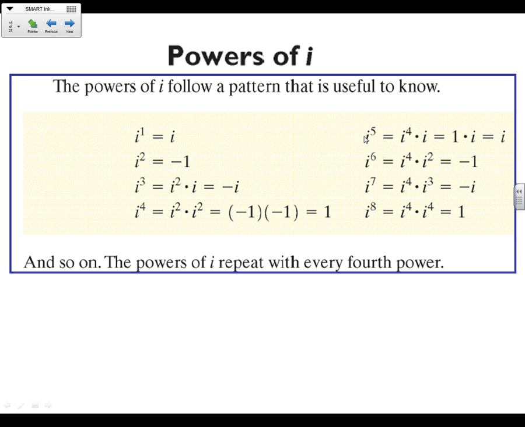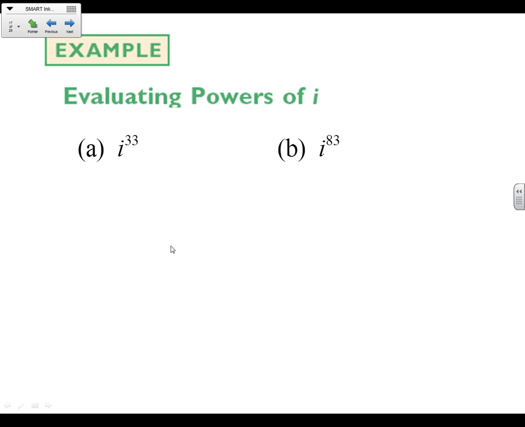And after that, i to the fifth, we can break that up into i to the fourth times i, and i to the fourth is 1. So we just start back over. So every fourth, we're just going to repeat. i to the eighth is the same as i to the fourth. i to the seventh is the same as i to the third. i to the ninth would be the same as i to the fifth, which would be the same as i to the first.